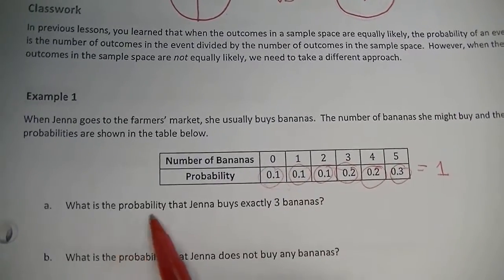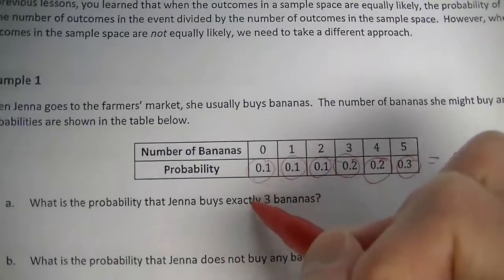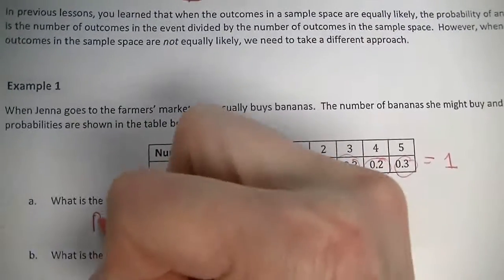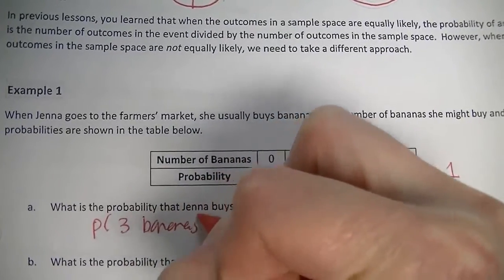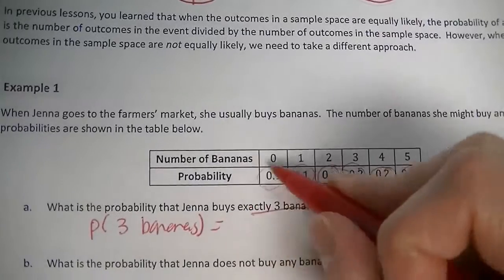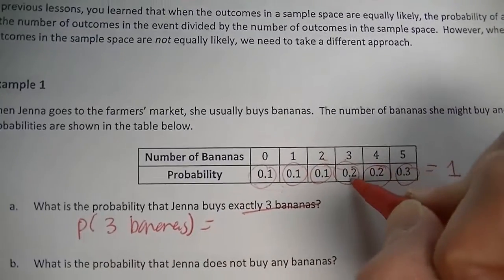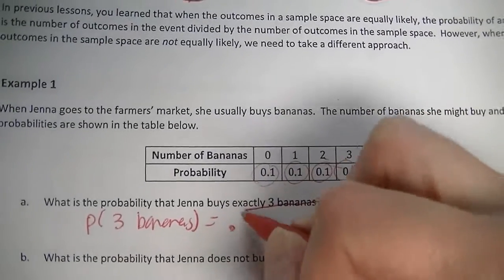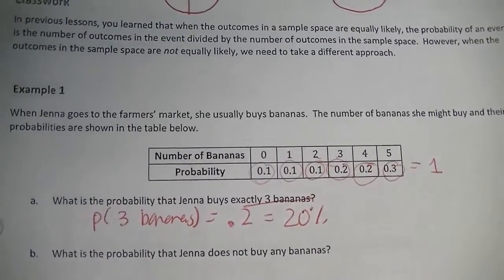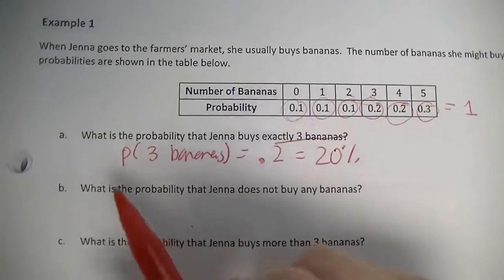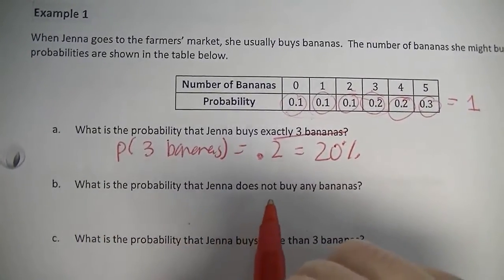But anyway, it's asking what's the probability that Jenna buys exactly 3 bananas? Okay, number of bananas, 3. So a 2/10 chance of happening, which is 20%. The next one, what's the probability that Jenna does not buy any bananas?